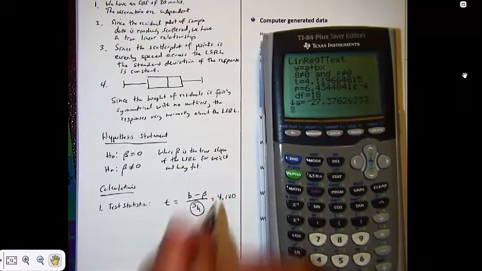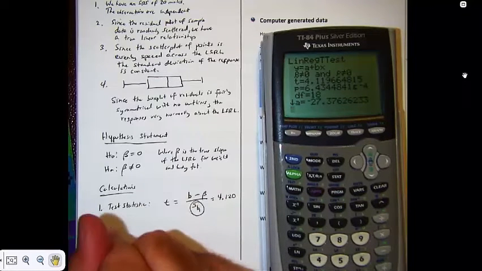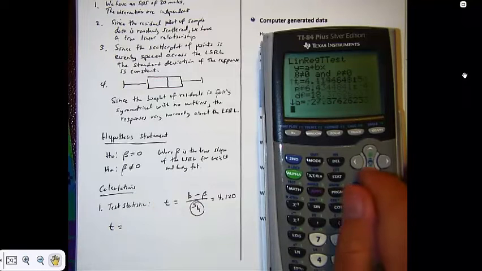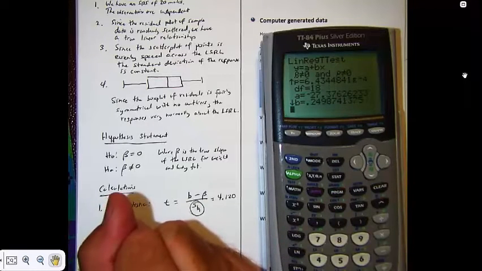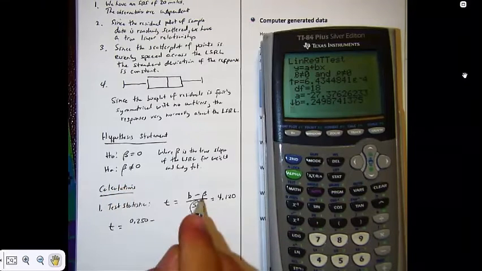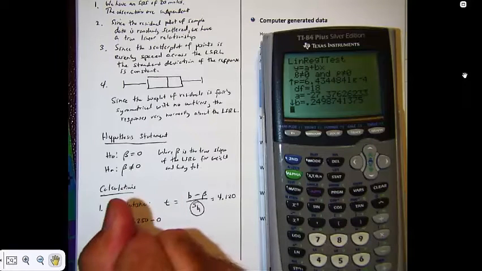Let's go ahead and write in the other pieces here. So t is equal to b. Now once again, b was the slope of the least squares regression line based off the sample data, which was 0.250, minus beta that we assumed in the null, which is 0, divided by s sub b sub 1.